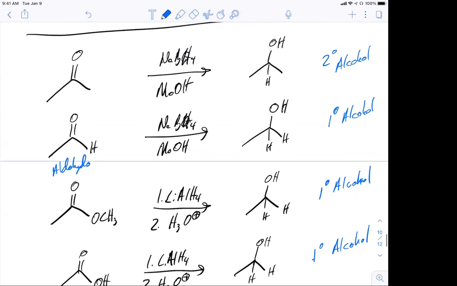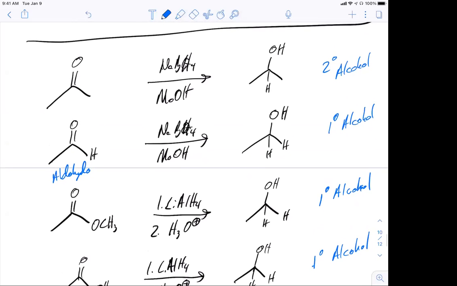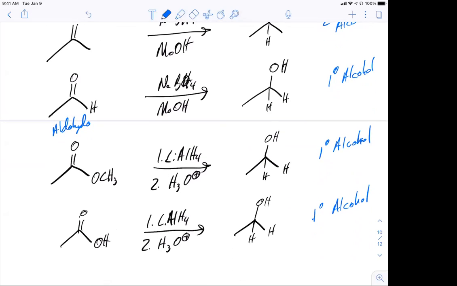So when we look at the hydride reductions, one of the other things to think about is if we were looking at a retrosynthesis, 3 of these could form a primary alcohol, but only one of them can form a secondary alcohol. So if you see a secondary alcohol through a hydride, we had to start at least with a ketone. The other 3 could be very similar, right? So we could have started with the ester or the acid or the aldehyde. They would have all given the same product.